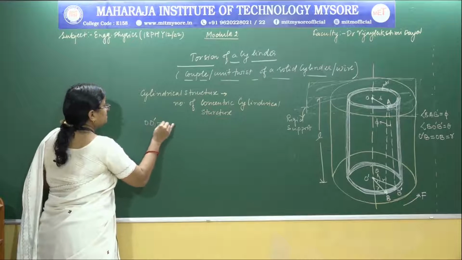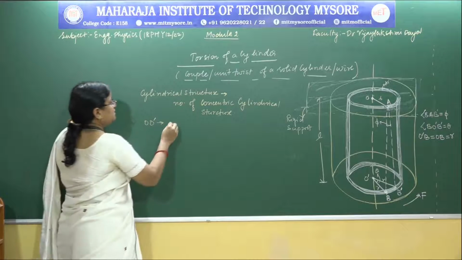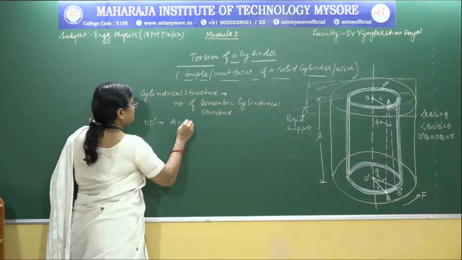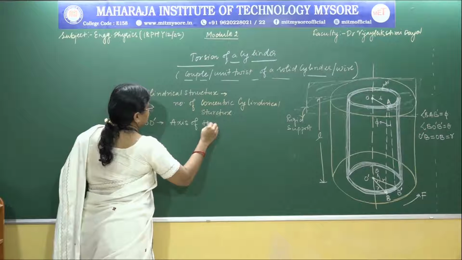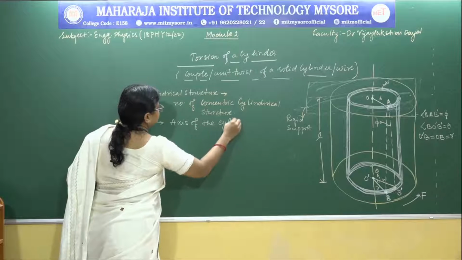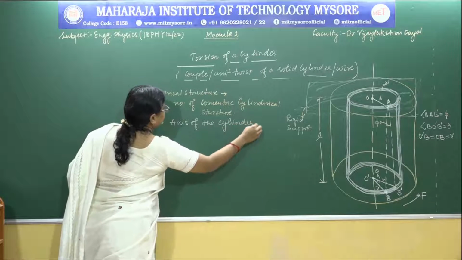OO dash is the axis of the cylindrical structure.